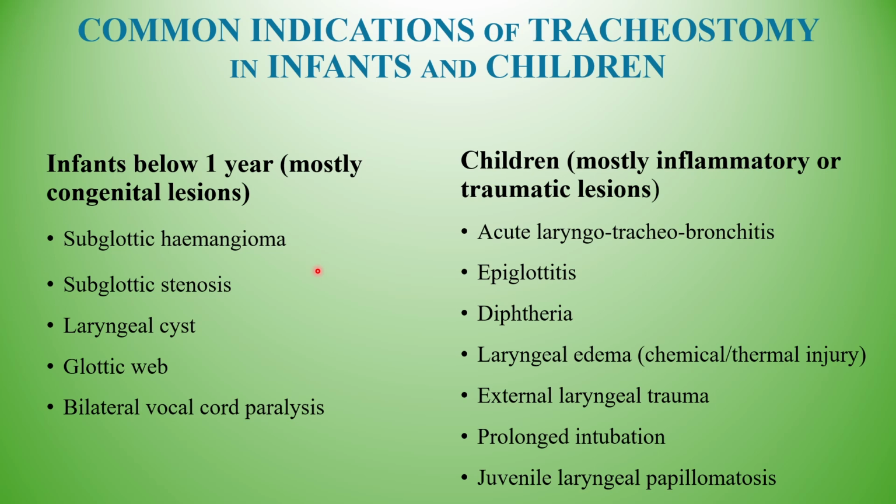So flexible pharyngolaryngoscopy will give the diagnosis in these patients. And mostly inflammatory or traumatic lesions in children are acute LTB, laryngotracheobronchitis, epiglottitis, diphtheria. So the previous ones which we mentioned, these are infective conditions more common in children than in adults.